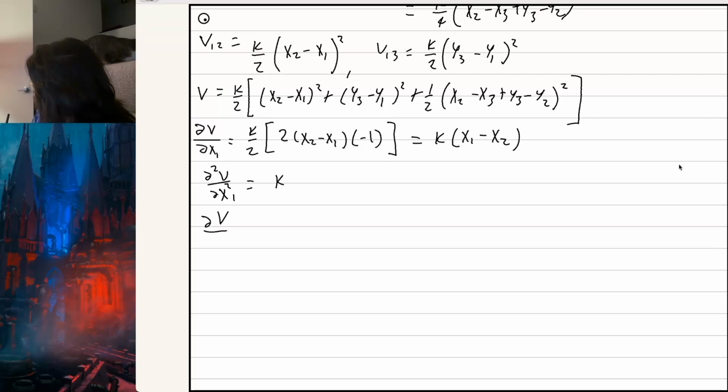Now let's do the partial derivative, the cross term with x1 and x2. It's going to be minus k. I'm just going to do all these cross terms: x1, x3, 0.